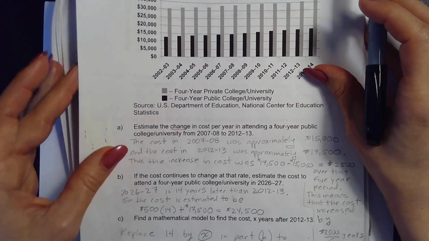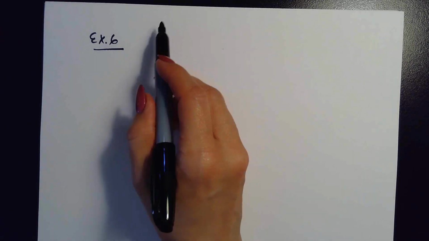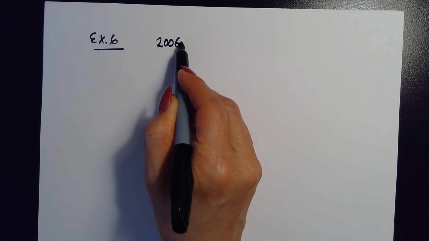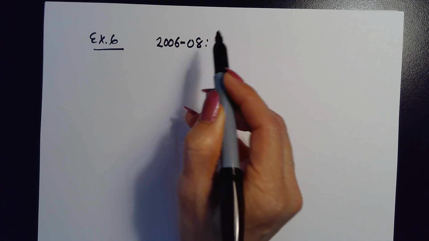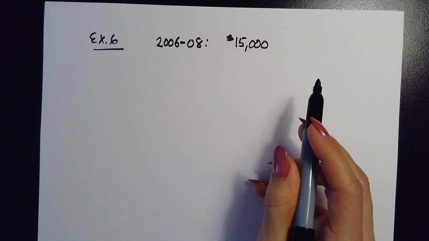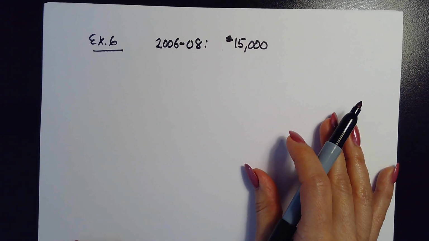So what is the change? How do you calculate the change? So in the year 2007-2008, the tuition was approximately 15,000. Remember, you're looking at public for that academic year.